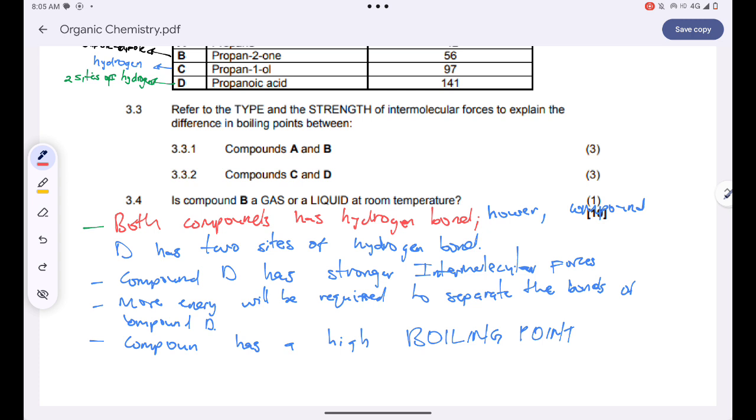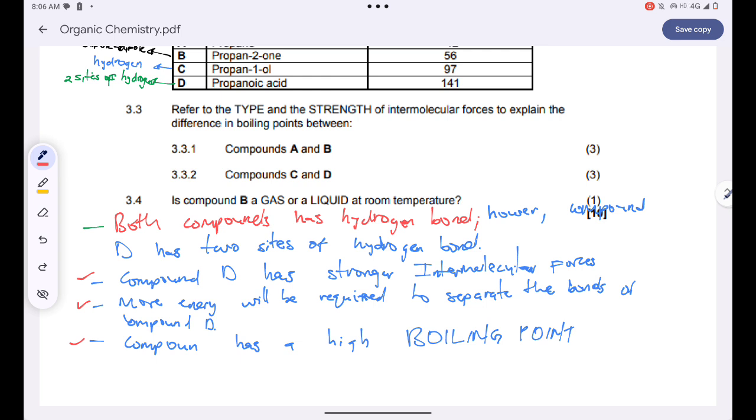And then the second point would have been compound C will have weaker intermolecular forces compared to compound D. And then the third point would be less energy will be required to separate the bonds of compound C, and hence compound C has the lower boiling point compared to compound D. That's how, guys, you could have answered these questions.